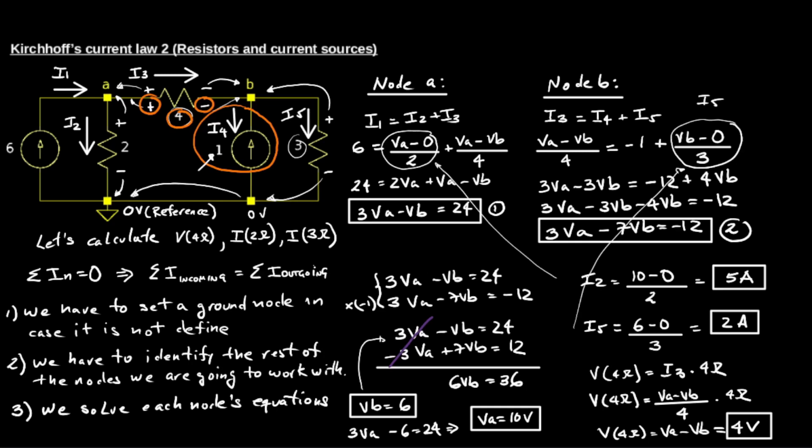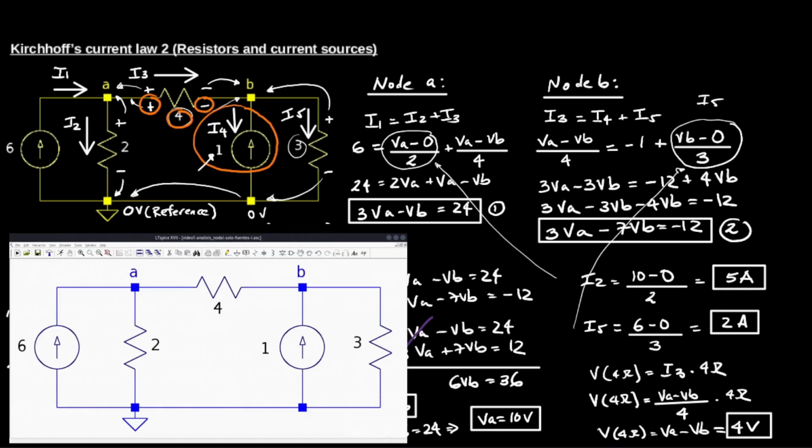So the voltage across the 4 ohm resistor equals 4 volt, okay, with the polarity shown in the circuit, which is surrounded by orange circles.